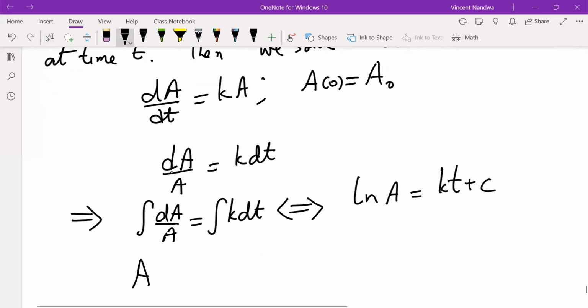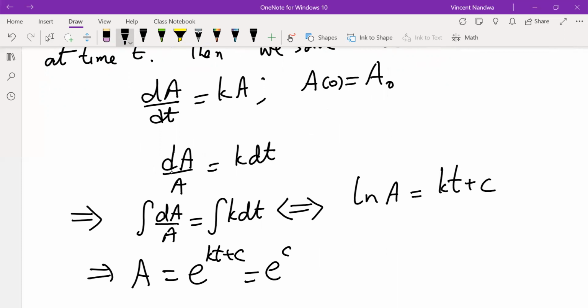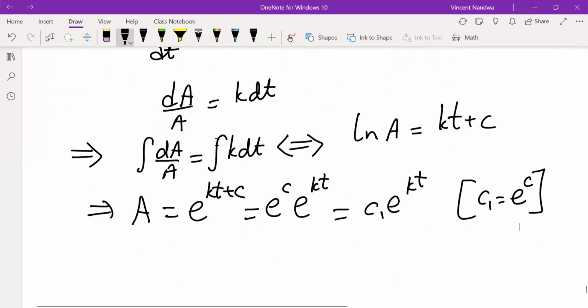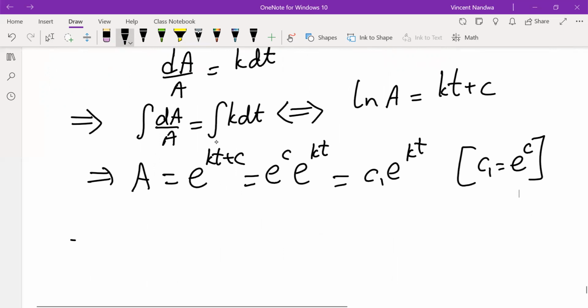Exponentiating both sides, A will be given by e raised to power kt plus c. Using laws of indices, where C1 is this constant e raised to power c, A of t is given by C1 e raised to power kt.